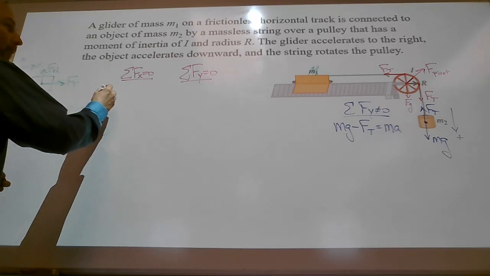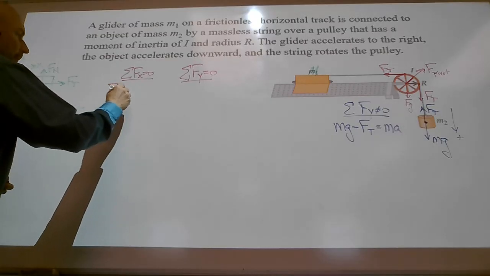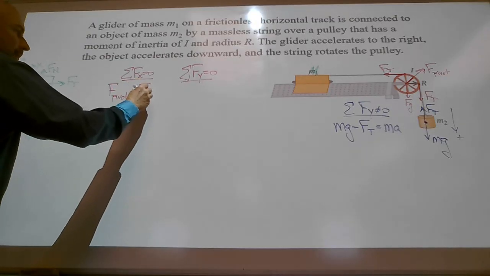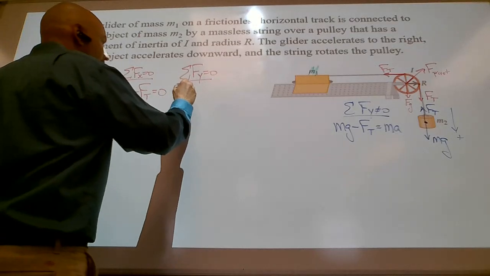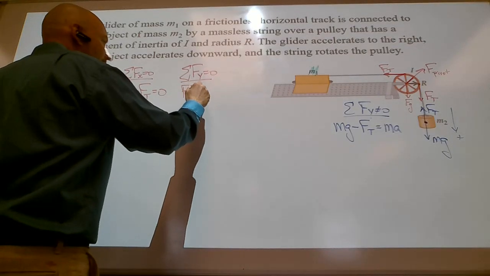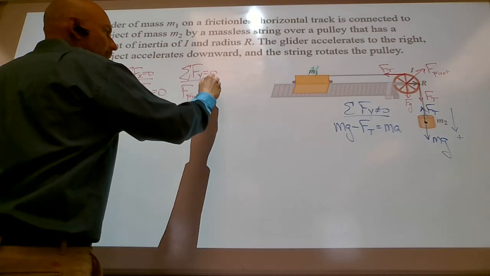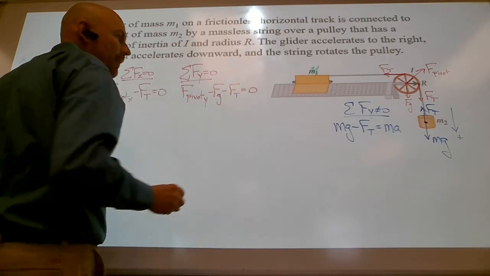So you've got the pivot in the x direction, that component, minus tension is equal to 0. And here you've got the y component of the pivot minus force of gravity minus tension is equal to 0.